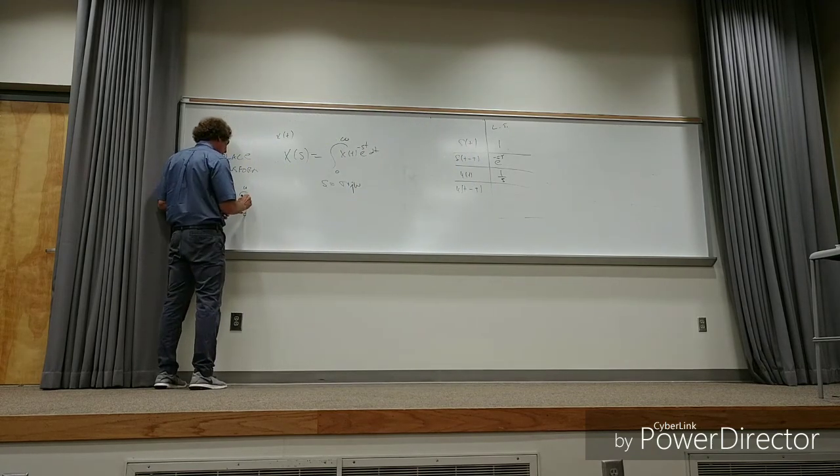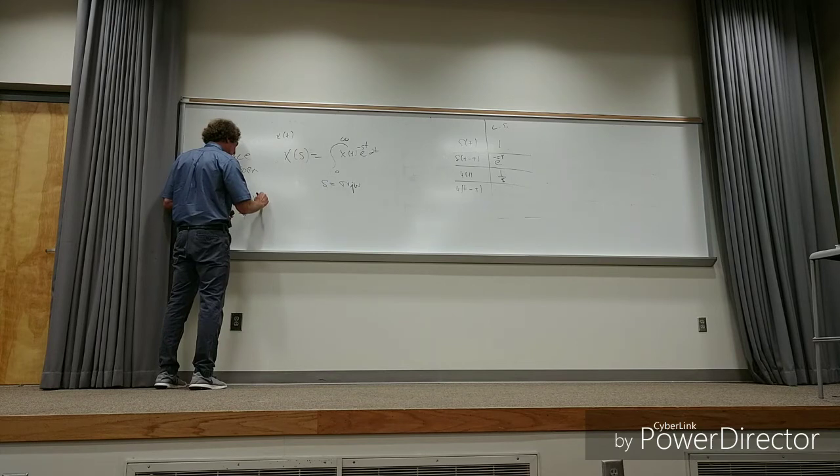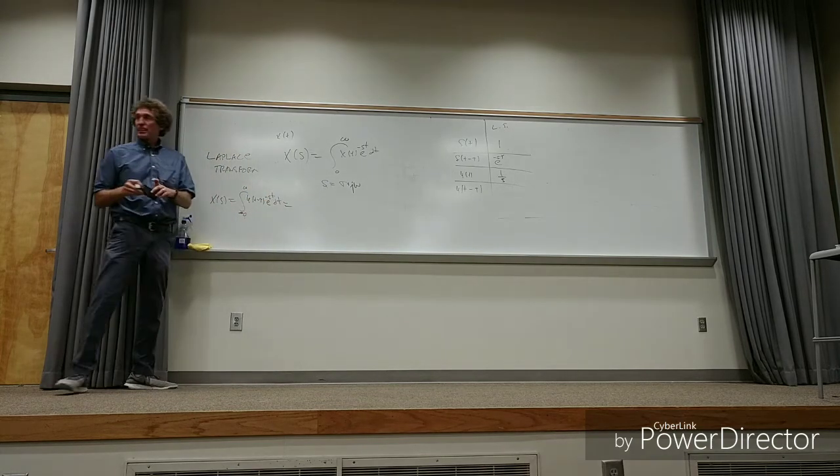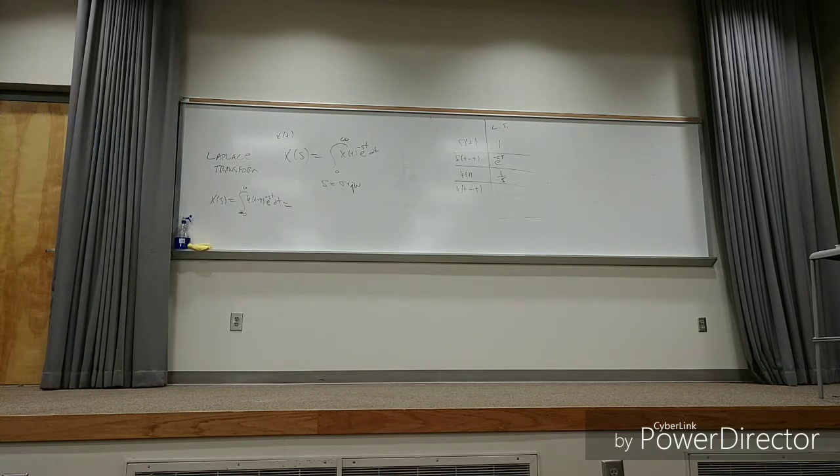If I have u of t minus tau e to the minus st dt, what's that going to be? Just think about it logically. What's u of t minus tau? It's 0 until I hit tau, and then it is 1. So what can I do?